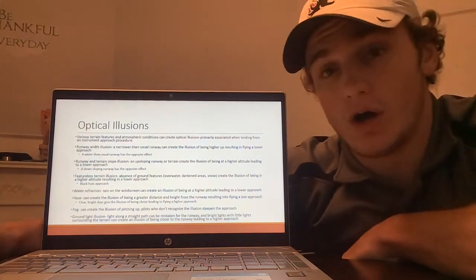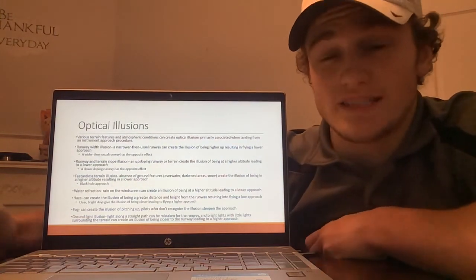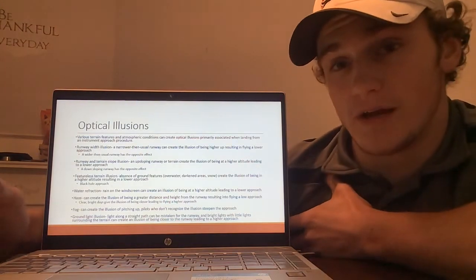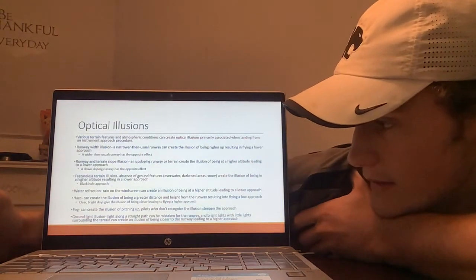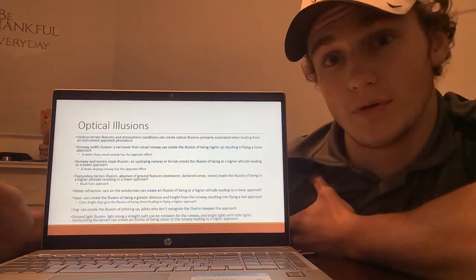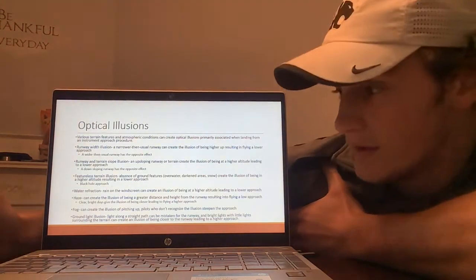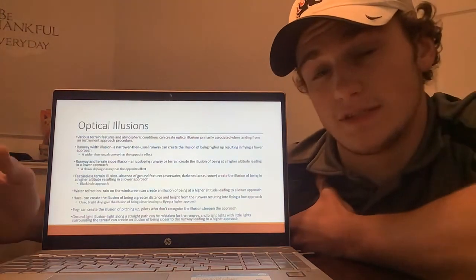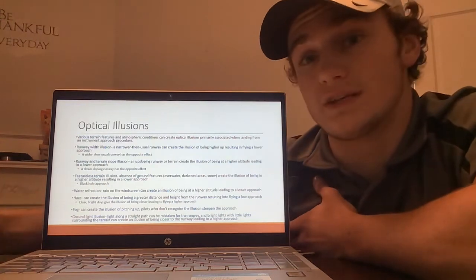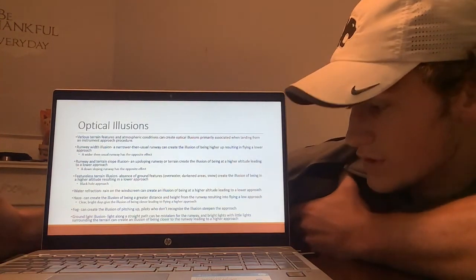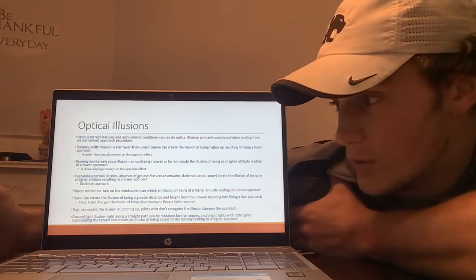Water on the windscreen, say if it's raining, will also make you seem like you are higher than you actually are, which will lead to a lower approach. If you're flying into fog or haze, it'll seem like you are at a greater distance than you actually are, which could result in flying a lower approach.